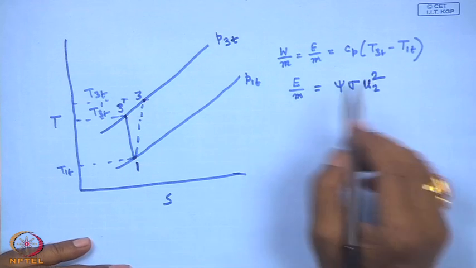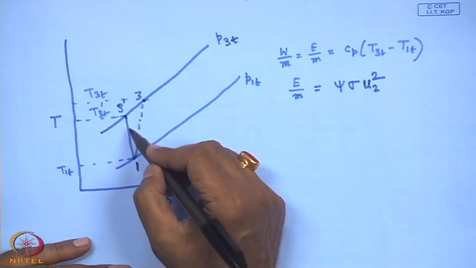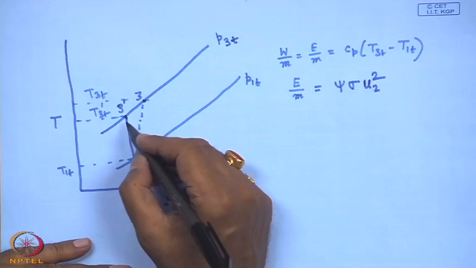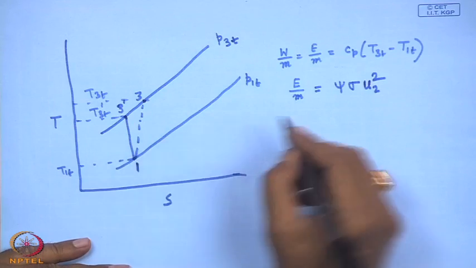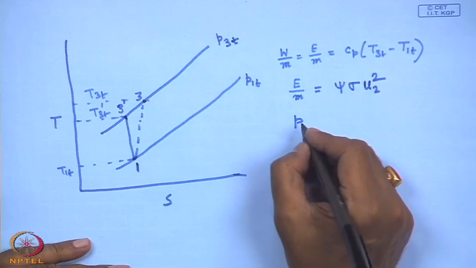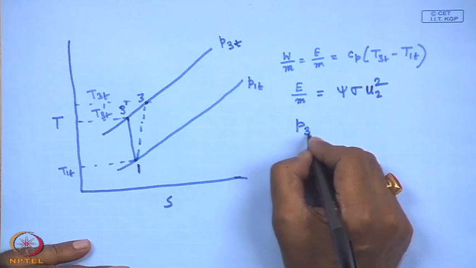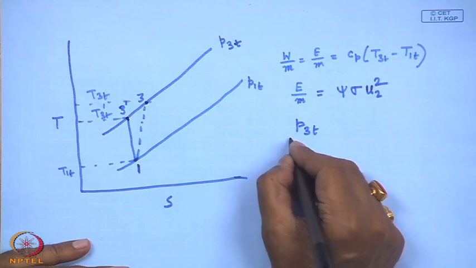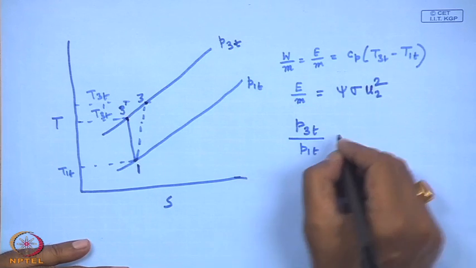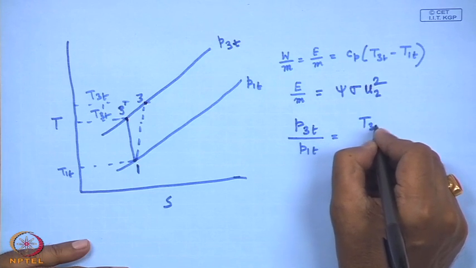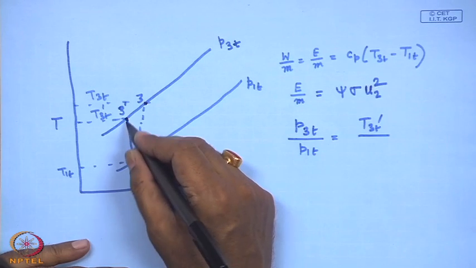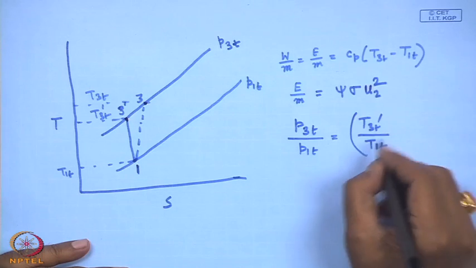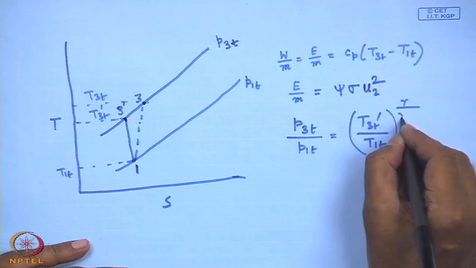Now, if we want to relate the pressure rise in this process, it can be related through the isentropic process relation: P3T, the same pressure line, divided by P1T is equal to T3T dash divided by T1T to the power gamma by gamma minus 1.